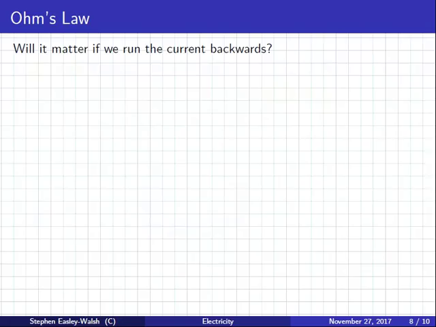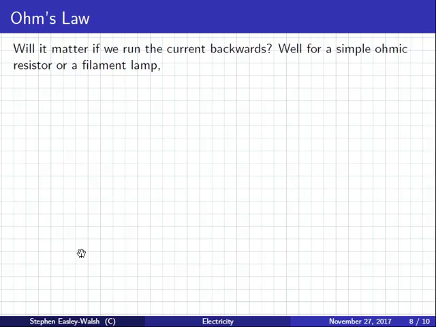If you change the direction of the current, the only thing that should happen is on the voltmeter and the ammeter, you get minus and minus, but you should get the same number. The minus just shows you that the direction has changed, right?